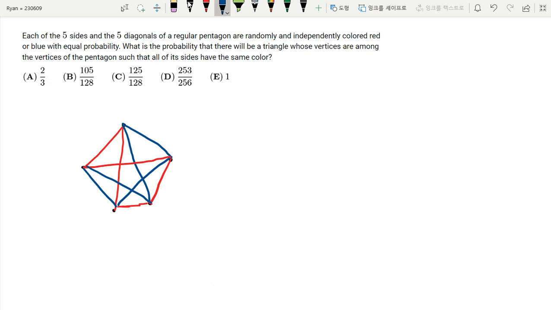And we can do the same thing starting from the blue segment at the bottom. Yeah, so this is the default, and then starting from blue instead of red here.